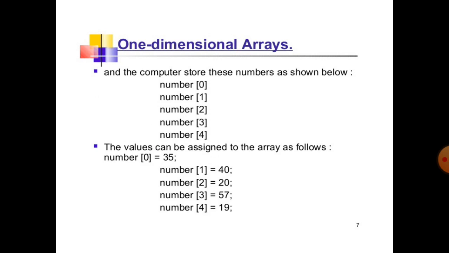The computer stores these numbers as shown below: number[0], number[1], number[2], number[3] and number[4]. The values can be assigned to the array as follows: number[0] is equal to 35, number[1] is equal to 40, number[2] is equal to 20, number[3] is equal to 57, and number[4] is equal to 19. Because the array index starts from 0, our index starts from 0.